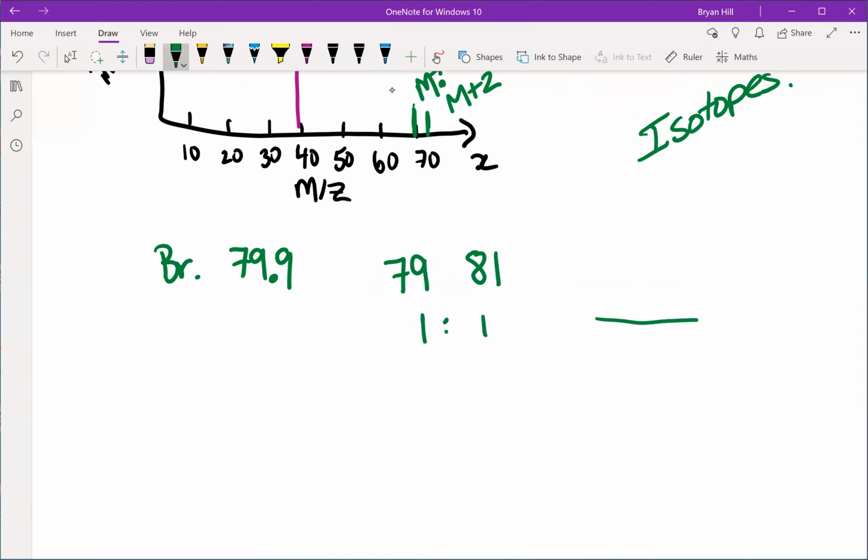So in a mass spec, you can tell if a bromine atom is there really easily because you'll see two peaks, the mass and then the mass plus 2, and they'll basically be a 1-to-1 ratio in height.